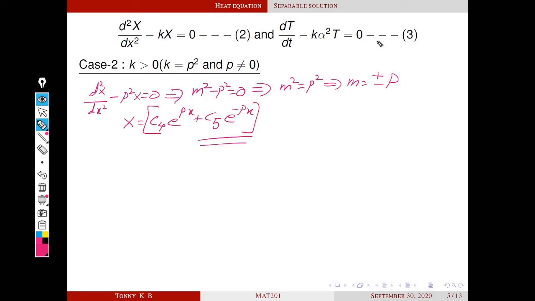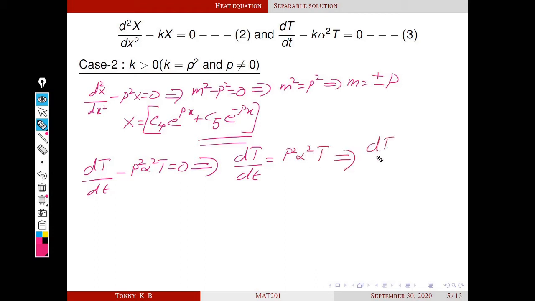Next we consider equation number 3. When k equal to p square, equation number 3 becomes dT by dt minus p square alpha square T equal to 0. This is a first order equation and it is in variable separable form.